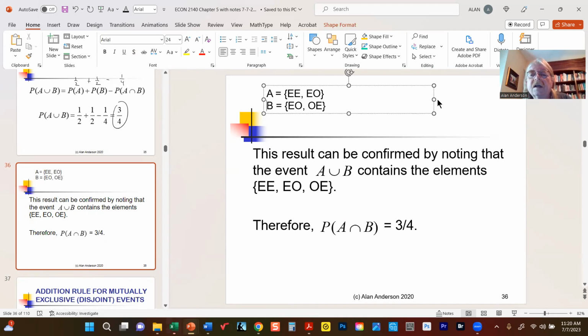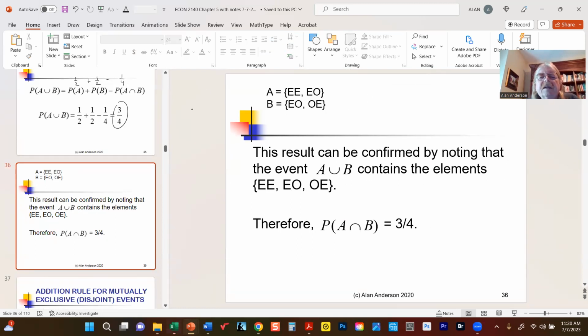What I could have done as an alternative is just say, well, you know what? A union B is simply all the elements in these two sets, EE, EO, OE.